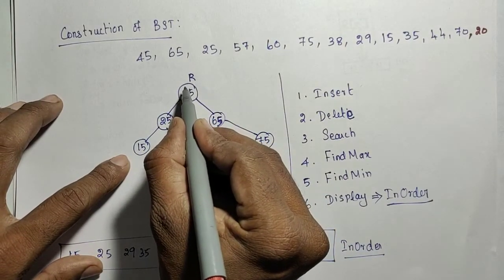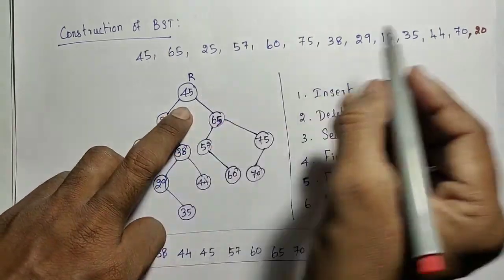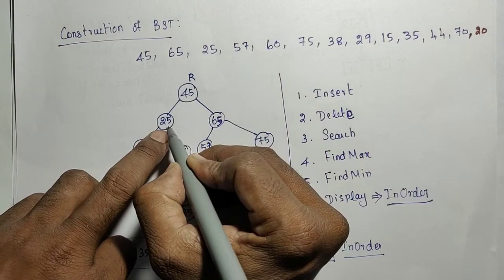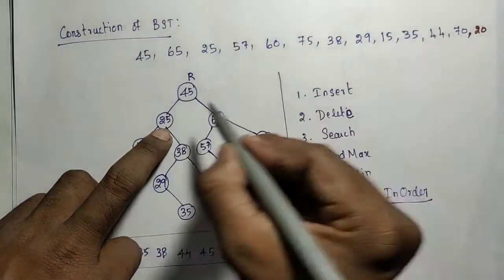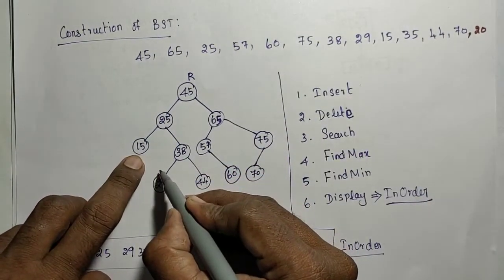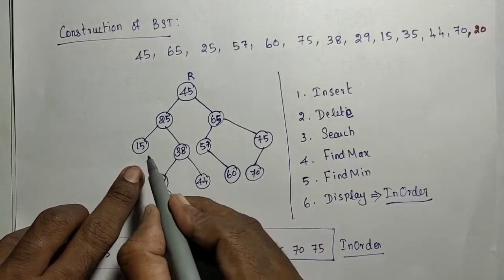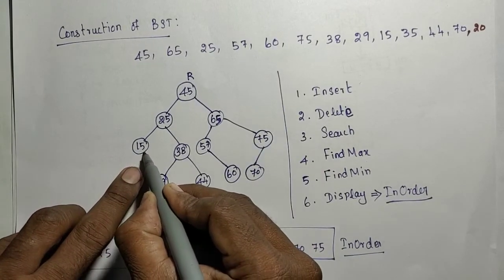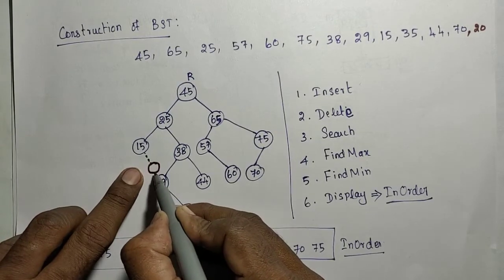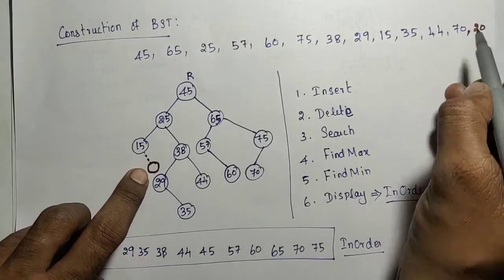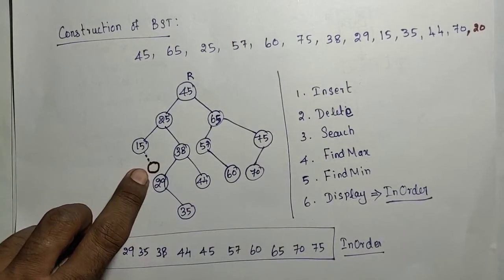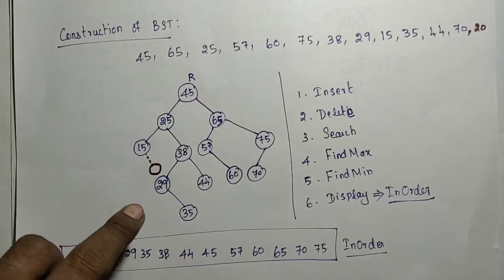We compare 20 and 45, and we go to the left side. Again 25 and 20, we go to the left side, and 15 and 20, we go to the right side. Then we stop, because we reached the null. It means the 20 has to be added as the right node of 15. So this searching we have done actually.